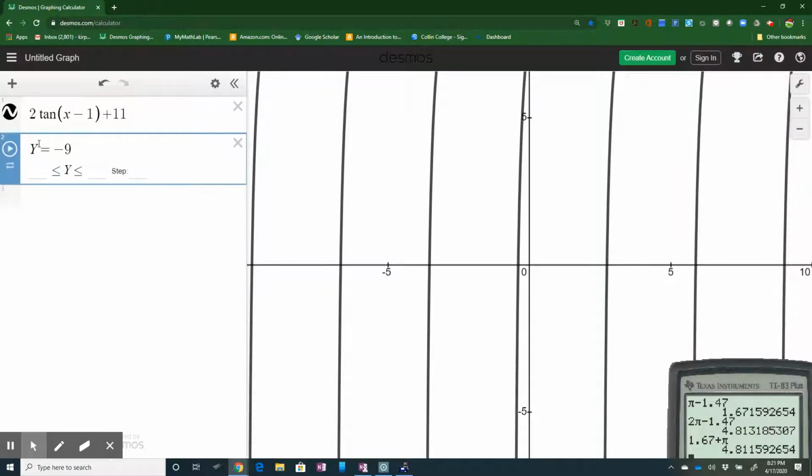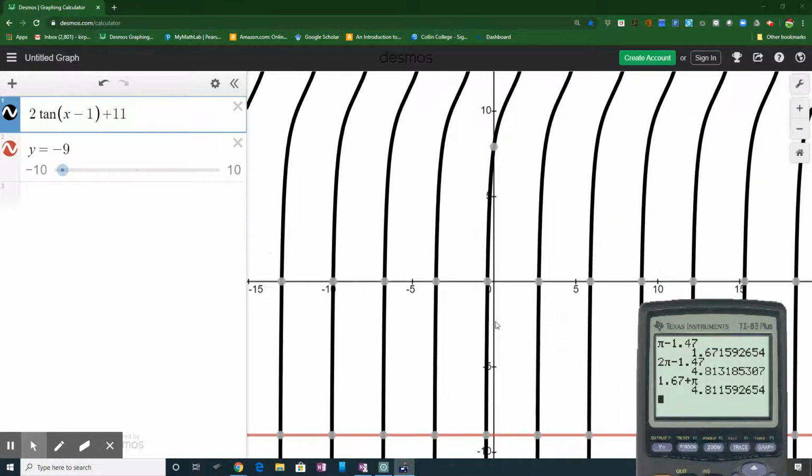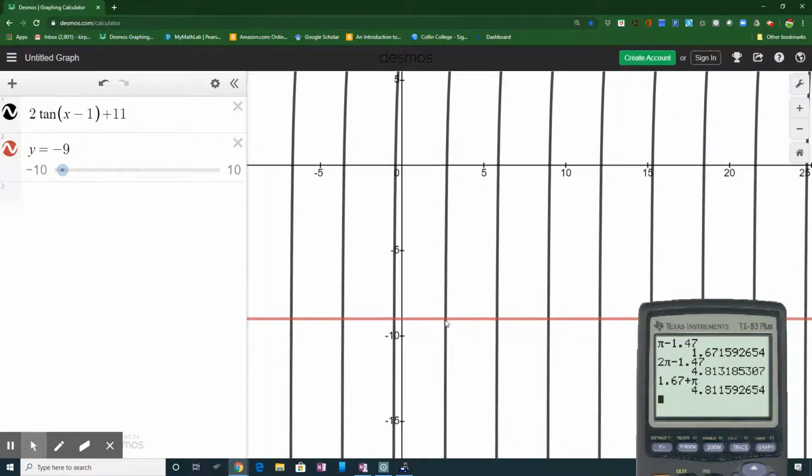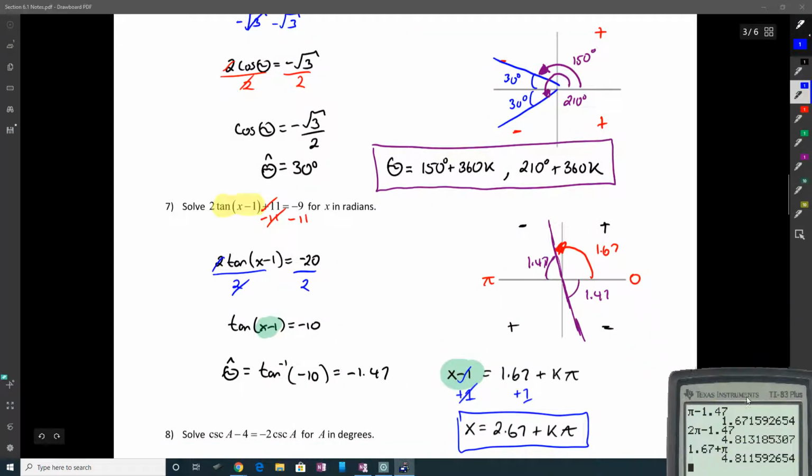And lowercase y. There it is. There you go. 2.67. And then every pi after that, you get your next answer. Yay, math. All right.